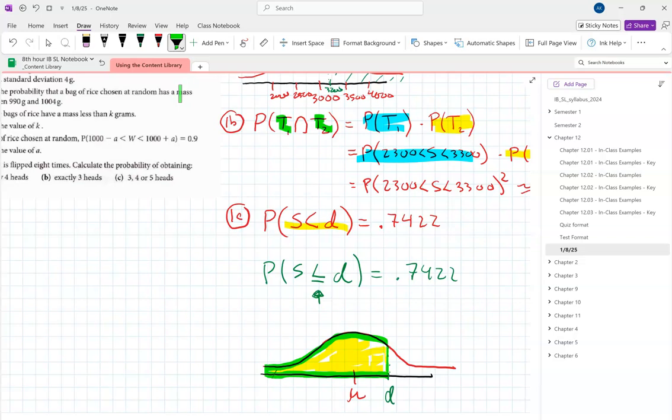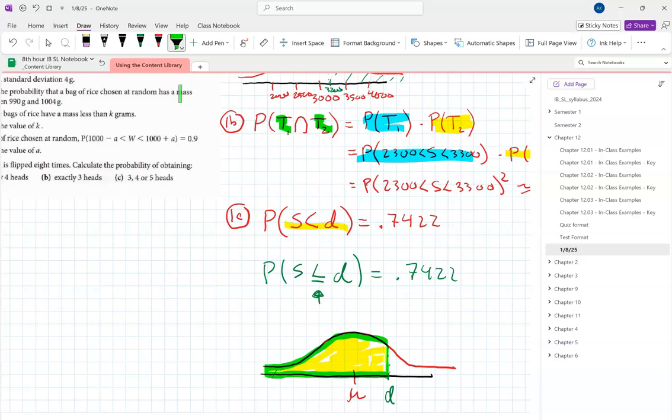What's the area of a line? Go back to geometry. It's the area for a line. It's 0.